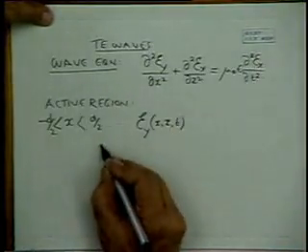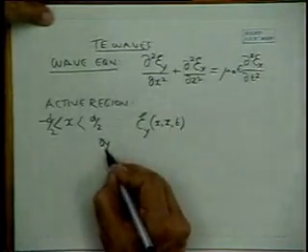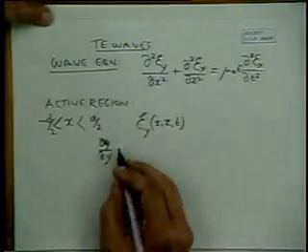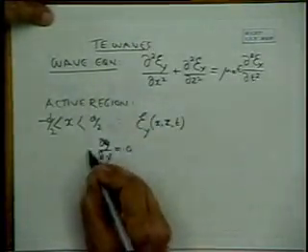We are assuming that the variation delta by delta y in the y direction, this direction, is equal to 0.